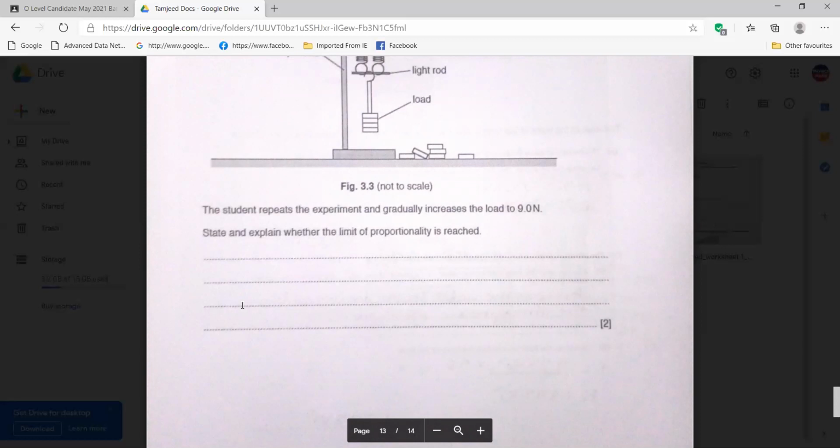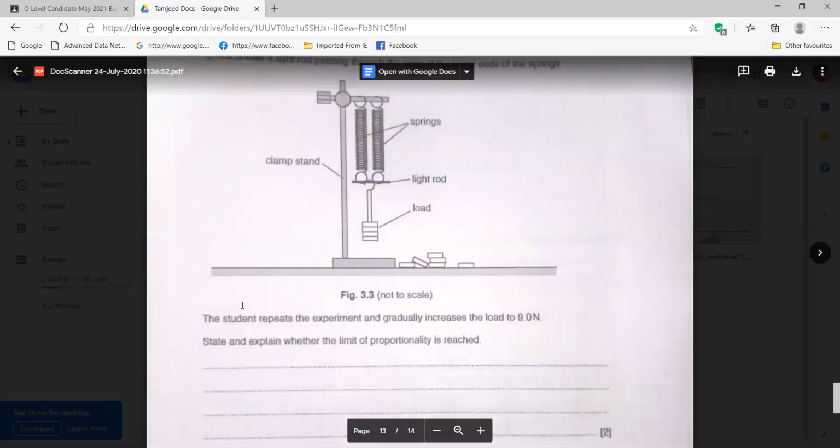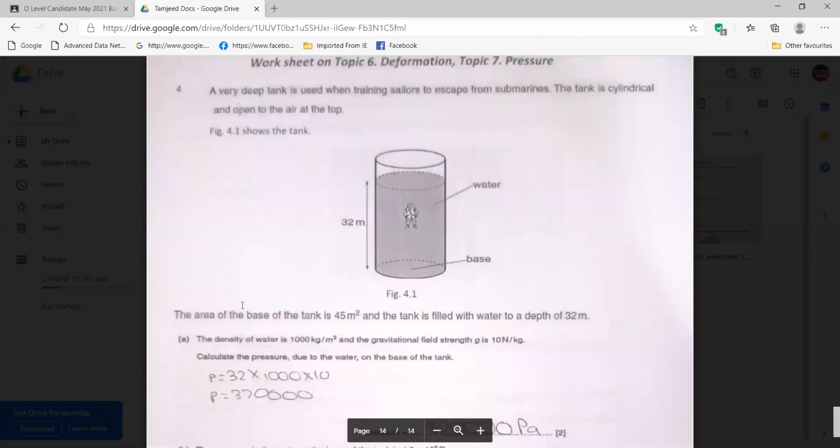Yes, I wrote it. Now it's clear. Because the limit of proportionality is 7, but here each spring is receiving only 4.5. So 3 is done. Now 4.